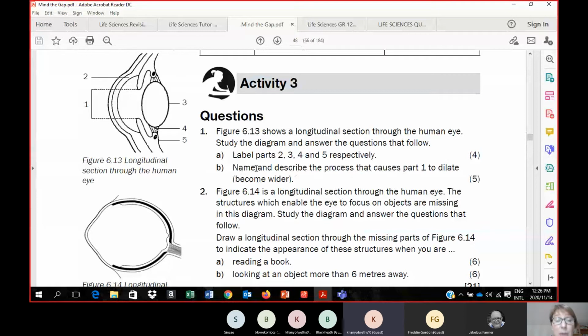Now remember, name just gives the name for it. Describe, because it's 5 marks, you are going to describe a whole process. So you're going to write a little paragraph about what happens. This describe is important. So always look at the mark allocation and look how they word the question.